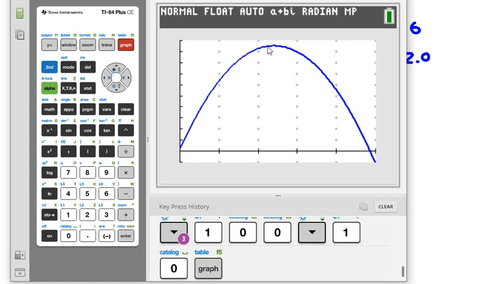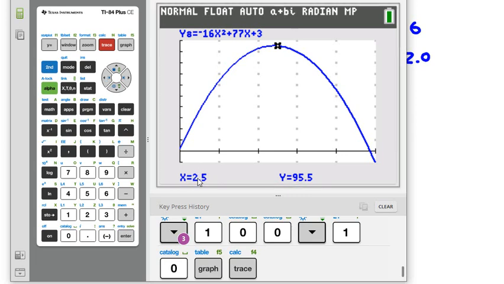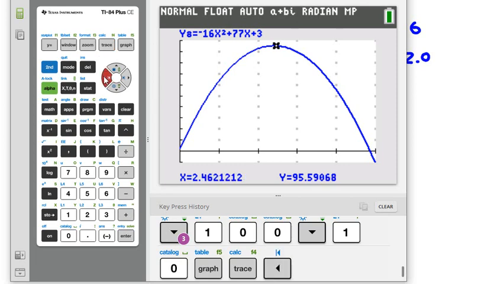You can do this a number of different ways. I'm going to show you 3 different ways to do this in a calculator. One of which is to go to trace, and you can trace and see x equals 2.5, y equals 95.5. If you've tightened this up pretty well, you're going to be able to see that y is still getting higher as we go to the left.